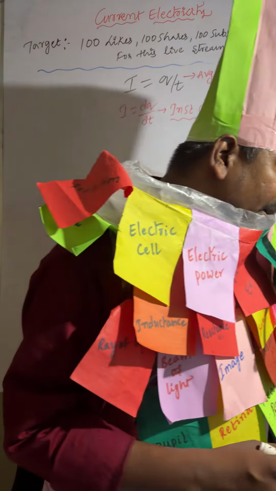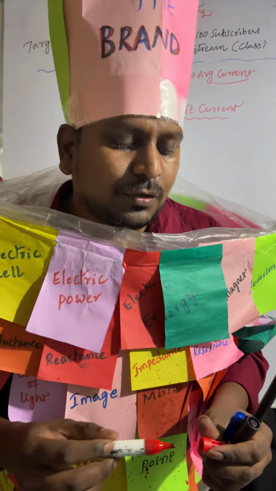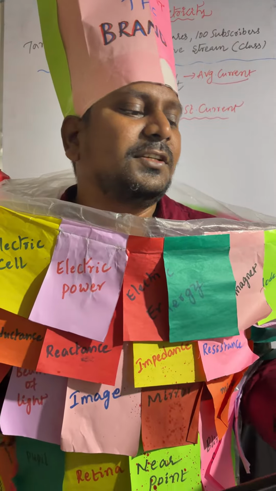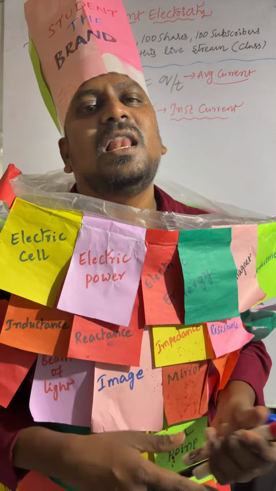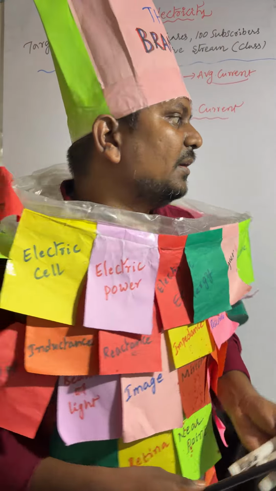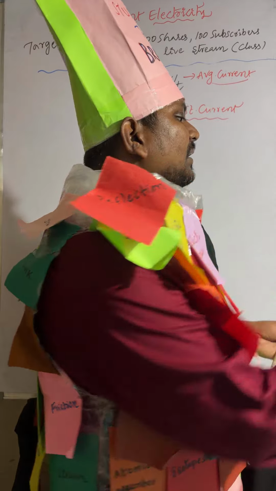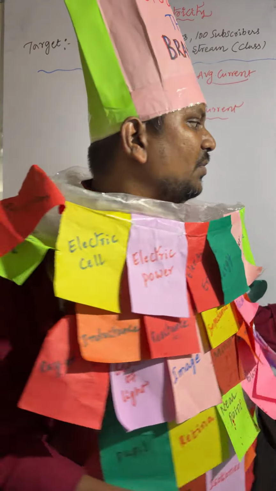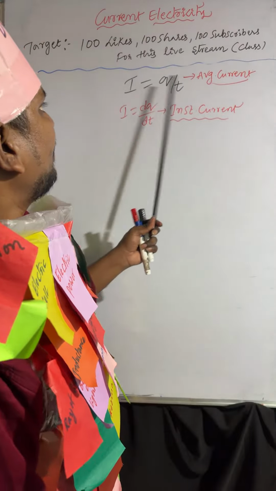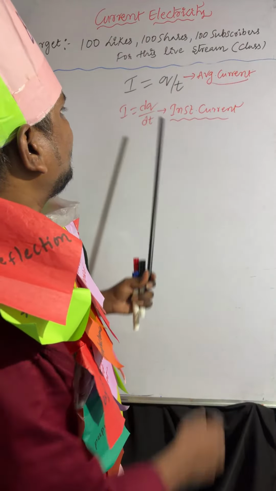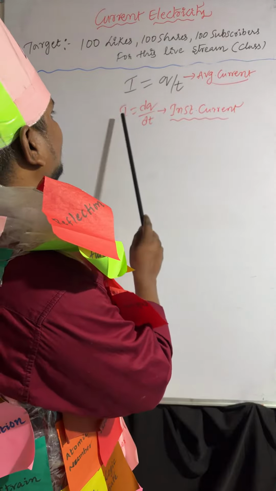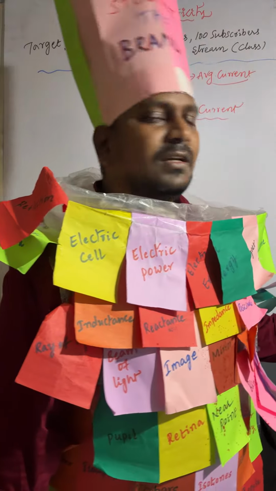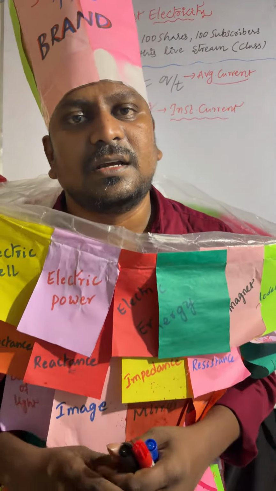I equal to q by t is the rate of flow of net charge through a cross-sectional area, called electric current. I equal to q by t is the average current. I equal to dq by dt is the instantaneous current. Understood or not?